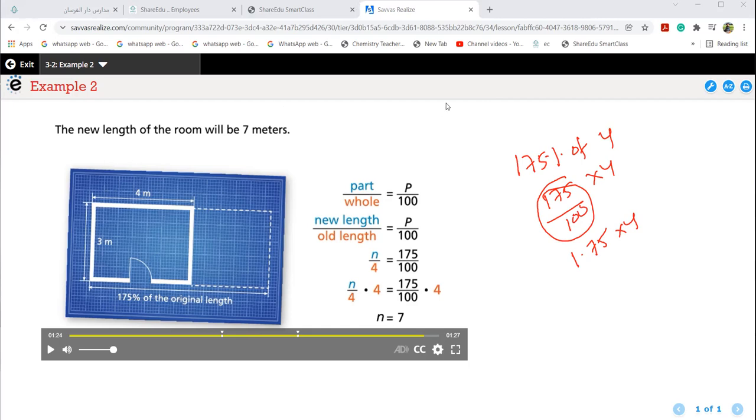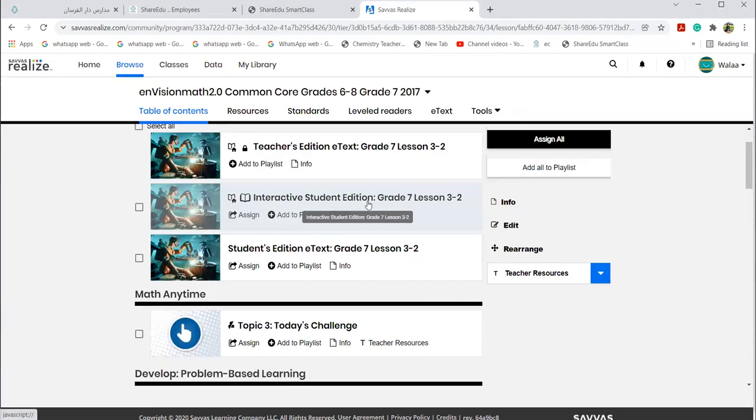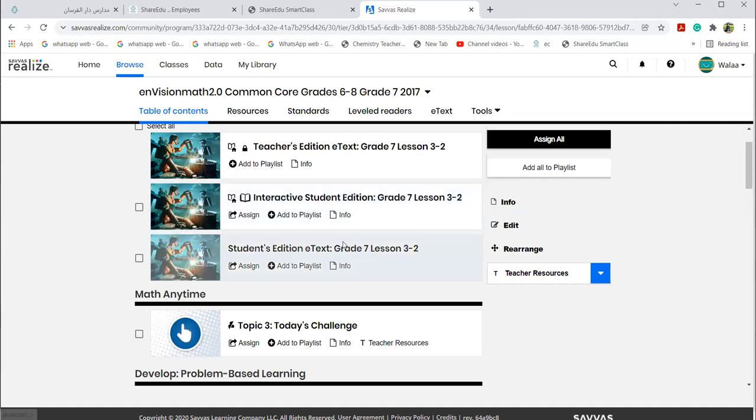Now we will do try it. Here, page 145. Try it.